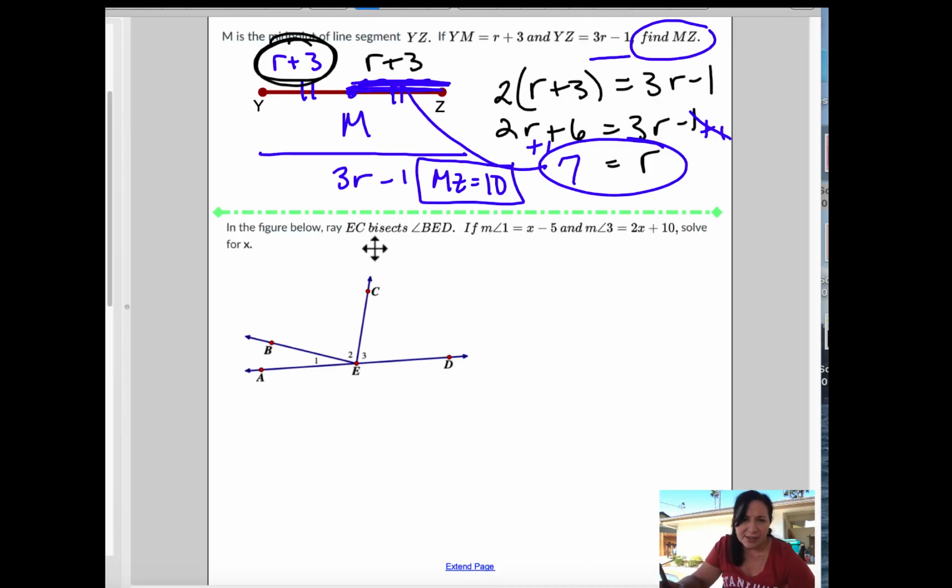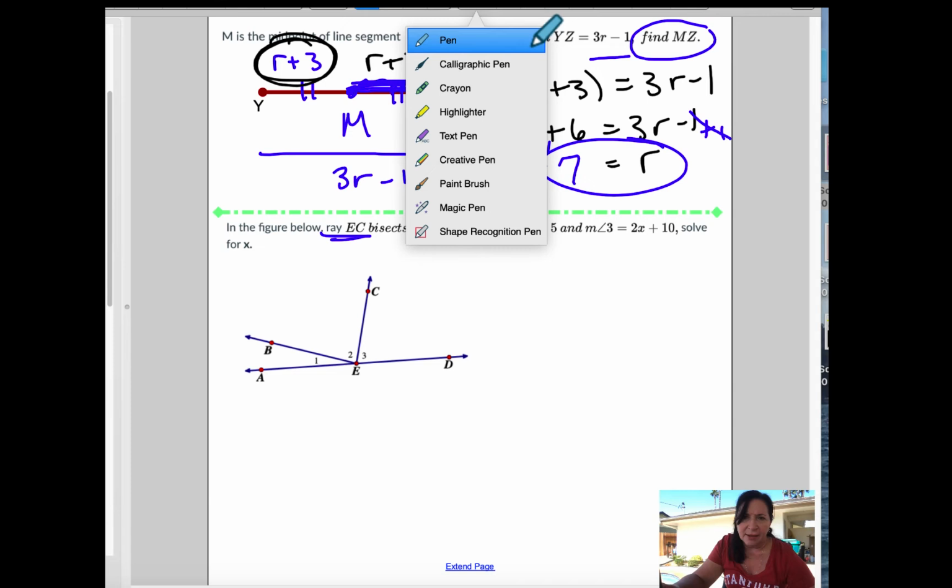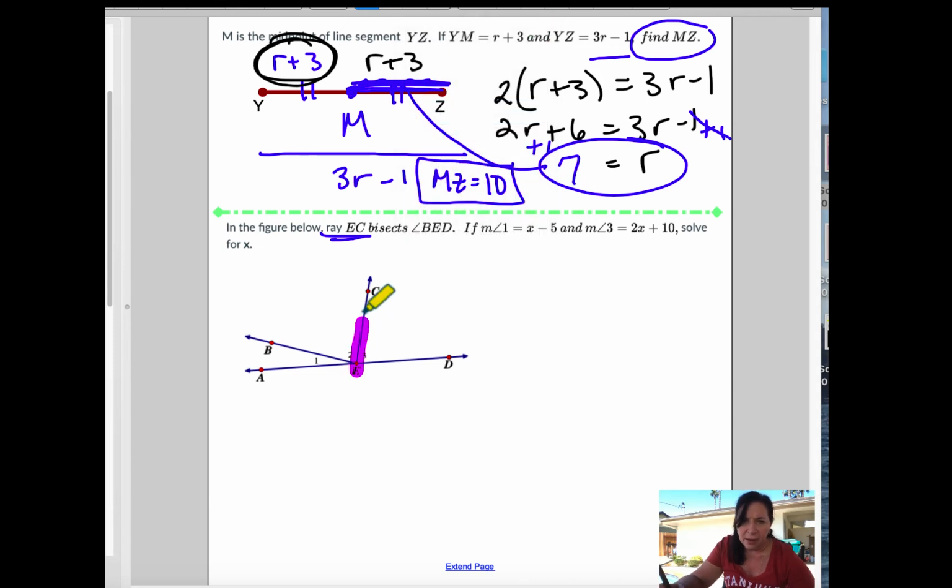So the next question said ray EC. This is ray EC. That's this. I'm going to highlight that so you guys can see that. Now you have to understand also what a ray does. A ray actually cuts a segment in half, or it cuts an angle in half.